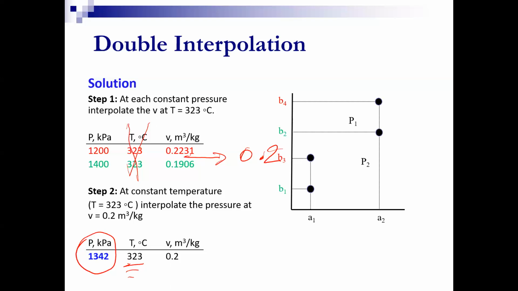All right, I want you to use your calculators and do this, because during the exam and in your work as professional engineers, you're not going to have time to sit and do these calculations by hand. For any problem, for instance, a very simple cycle consists of four states. If you want to do interpolation for four states, it means that you're going to do these calculations at least 4 times.